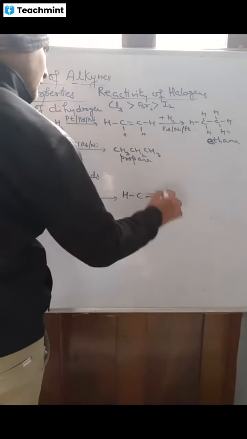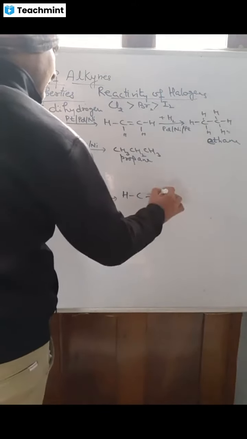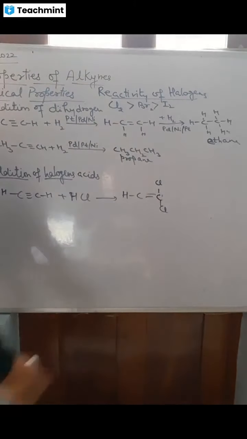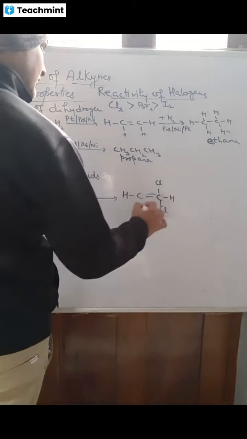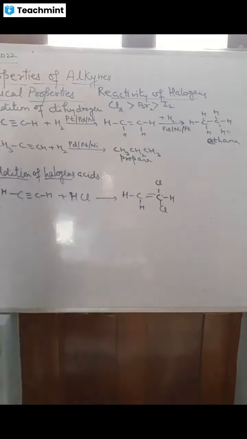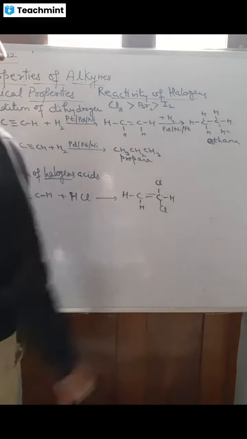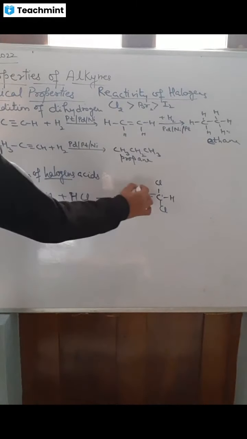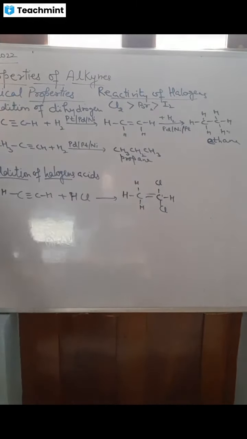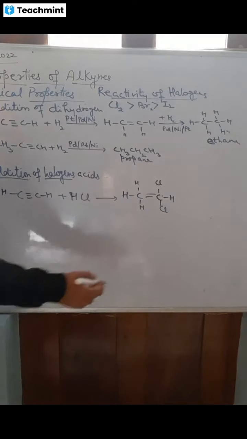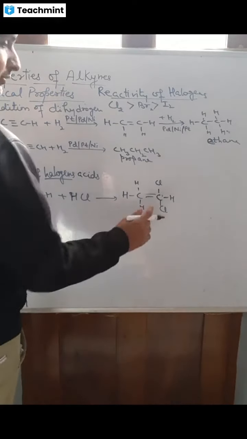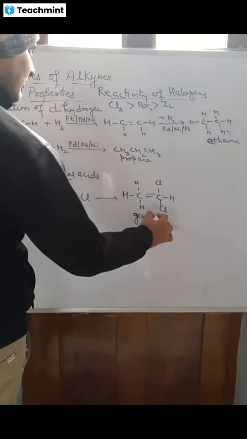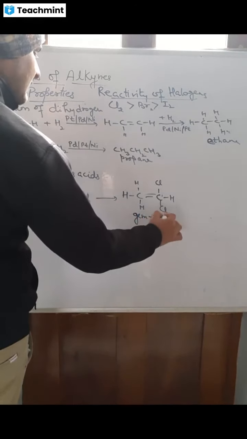So your two halogen groups, when present on the same carbon atom, form geminal halides.